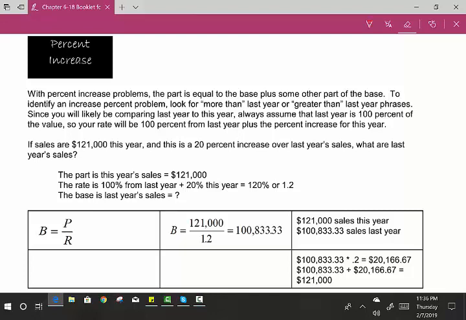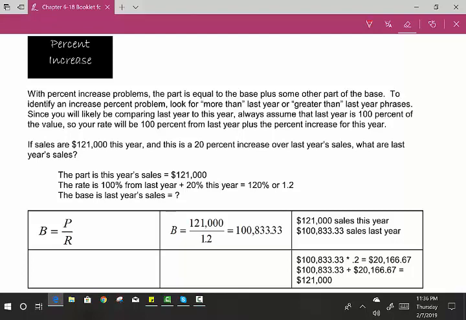To identify an increased percent problem, look for more than last year or greater than last year's or greater than the previous quarter or something to that effect. Since you will likely be comparing last year to this year or last quarter to this quarter, always assume that last year, the year you're comparing it to, is 100% of the value, so that your rate will be 100% from last year plus the percent increase for this year. And then you add those two together.